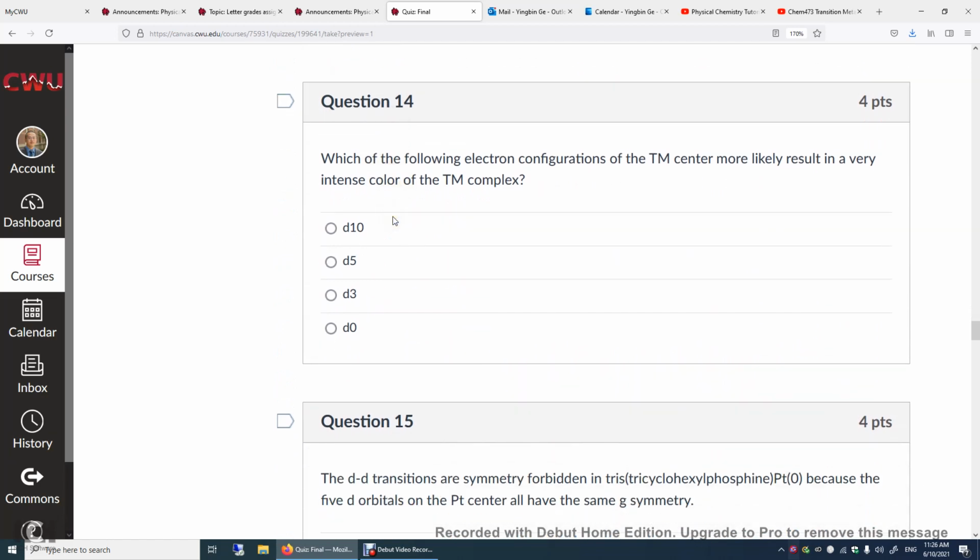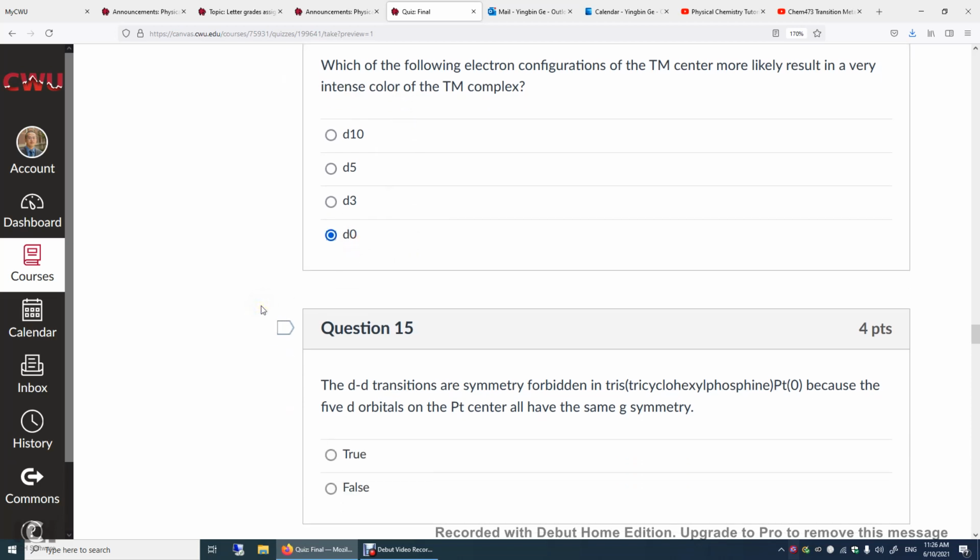Question 14, very intense color. You need to think of charge transfer. So when you have d0, that means the electronic transition must involve electron transfer from the ligands to the transition metal. One example is permanganate, KMnO4, with a very intense purple color.